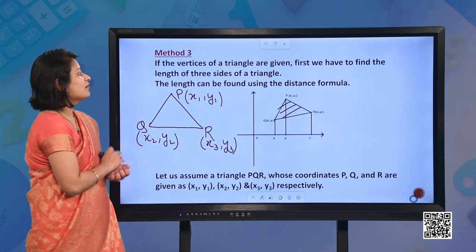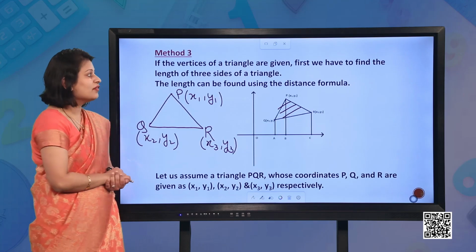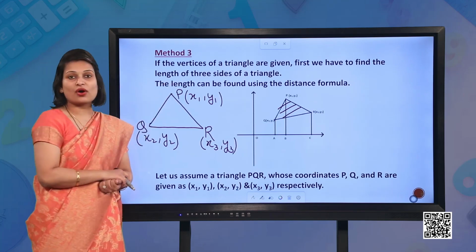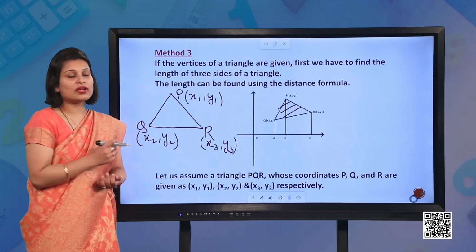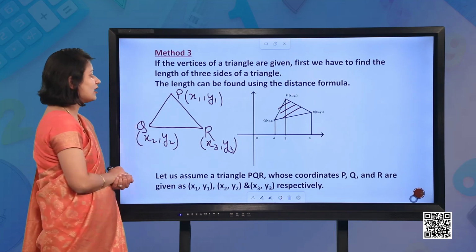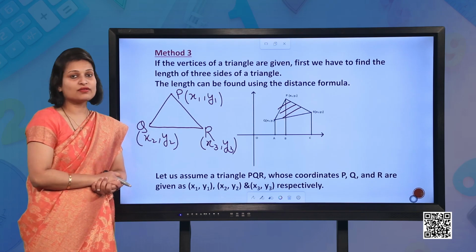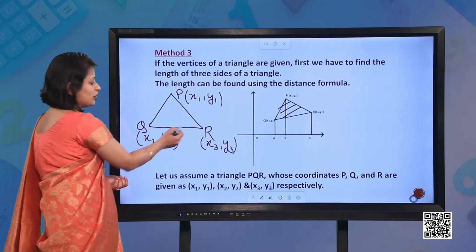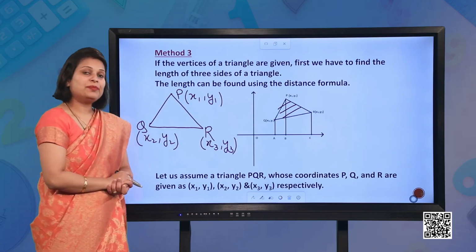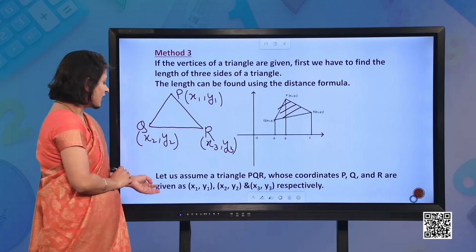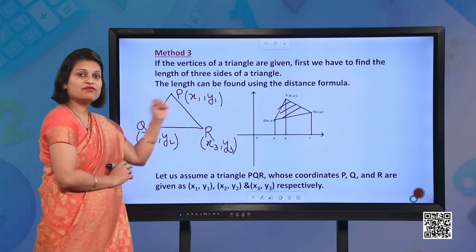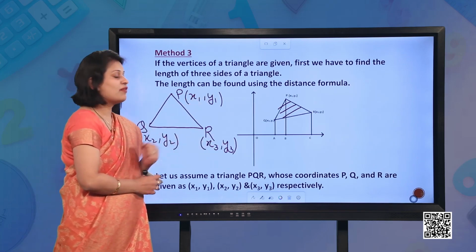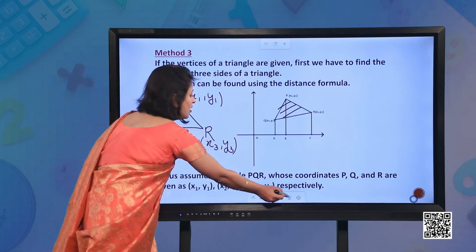So if the vertices of a triangle are given, first we have to find the lengths of the three sides of the triangle. Now how can you find them? By using the distance formula. So let us assume a triangle PQR whose coordinates P, Q and R are given as x1, y1, x2, y2 and x3, y3 respectively.